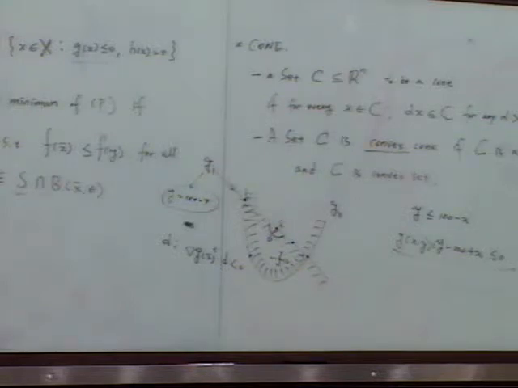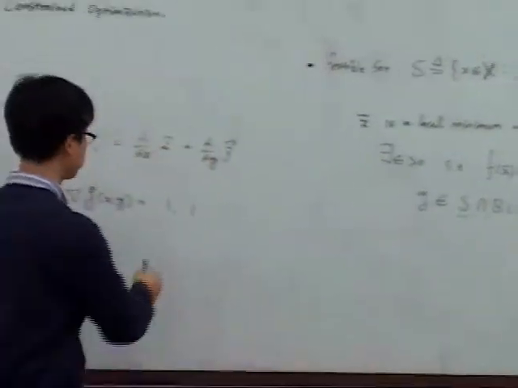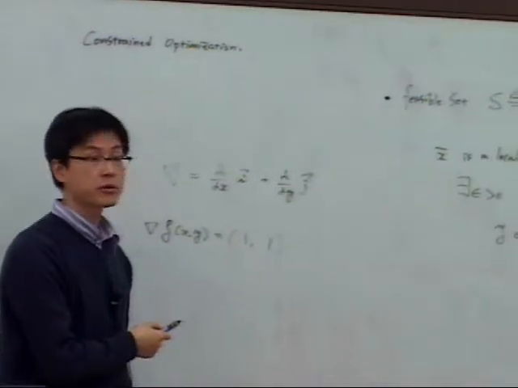Gradient operator is del x i, del y j, right? If you apply this gradient operator to that g of x, y, then what do you have? 1 and 1. That's your gradient direction.